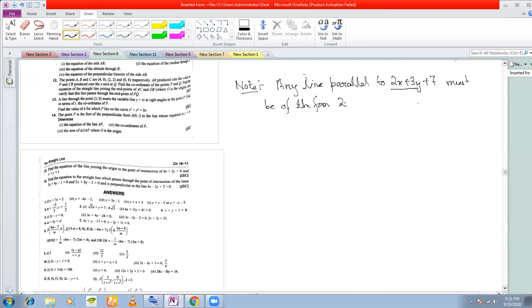So the equation of any line parallel to 2x plus 3y plus 7 will be of the form 2x plus 3y plus k equal to 0. That is, they will differ only by a constant.